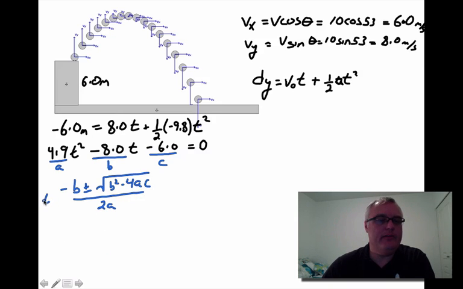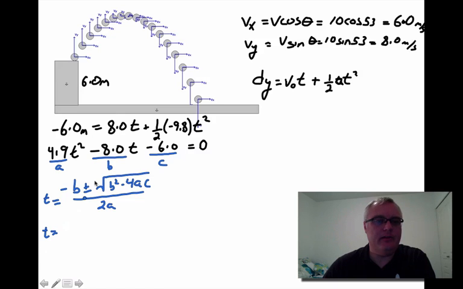So our value for the time is going to be equal to this. And you'll notice that by doing both plus this term and minus this term, I'm going to get two answers here. So two values for the time. Some of you might have calculators that actually have this formula programmed into them, some of the fancier graphing calculators. Otherwise, you're actually going to have to plug in the terms.